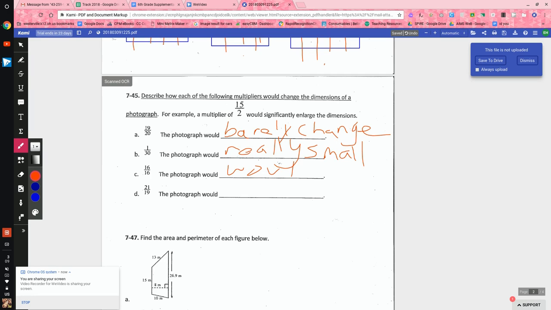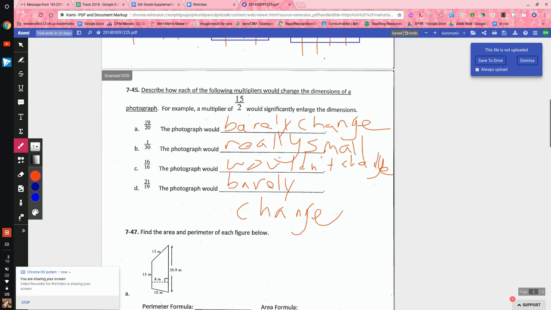Again, 16 goes into 16 one time, and it's even there, so it would not change because nothing has been modified to it. And then 19 and 21 there, it's only getting up, so again, that'd be one of our barely changes, because it's pretty much the same. If it was 21/21, it wouldn't change.